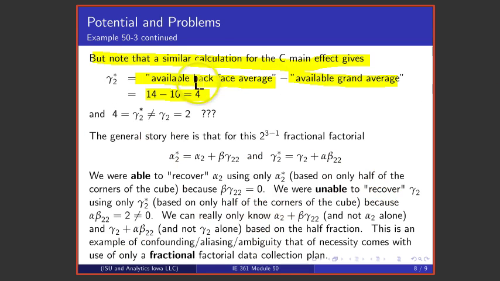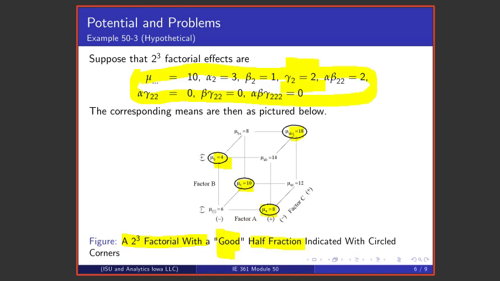That is, I've got 4 based on the half fraction, and the half fraction main effect is not the same as the overall main effect. So here's a case where I don't get something for nothing. I didn't get back to gamma 2 using only the means on those 4 corners.